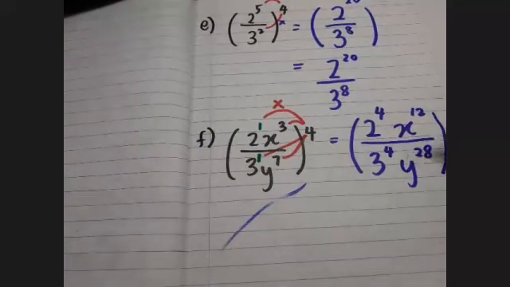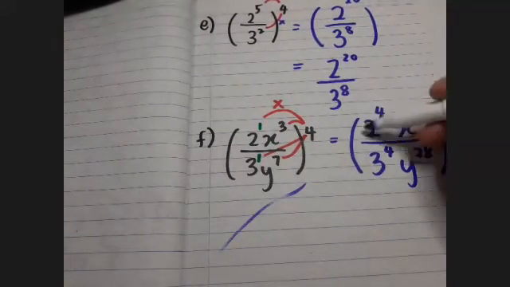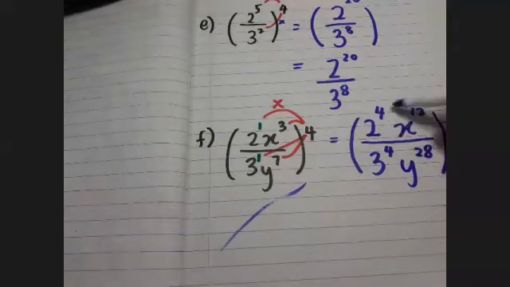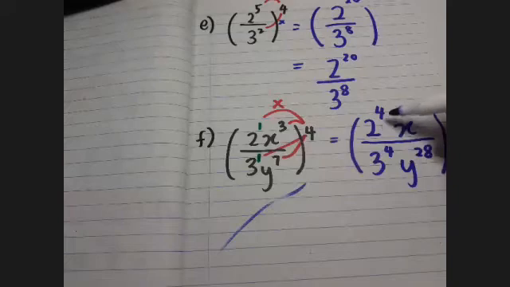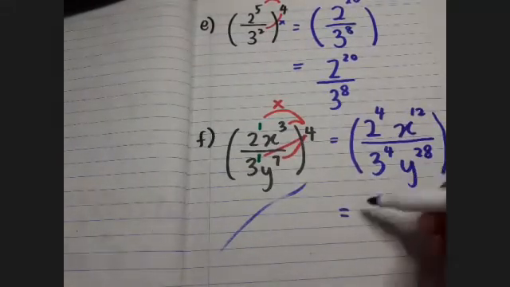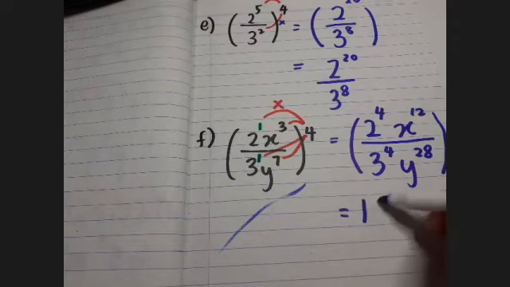You cannot leave the answer like this because we have coefficient here. The coefficient you need to simplify. You need to solve 2 power of 4. What is the final value? 2 power of 4. You can use calculator. You get 16.